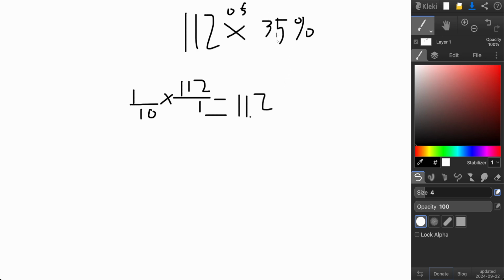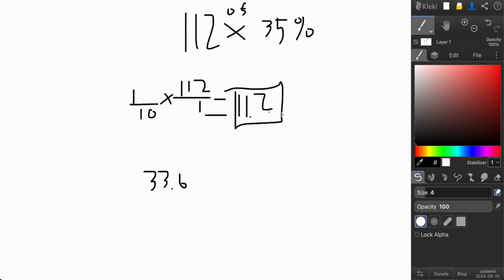Now we see we want 30%. So you multiply this 10% times 3 to get 30%. Well, you want 35, but we'll worry about the 5 later. But we gotta remember that this is 10%. So now to multiply this by 3, and you get 33.6, which is 30% of 112. But now we still need to add 5% on.